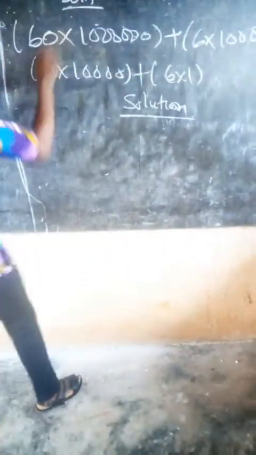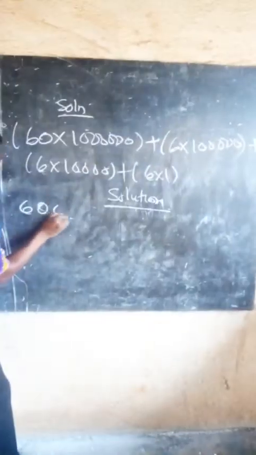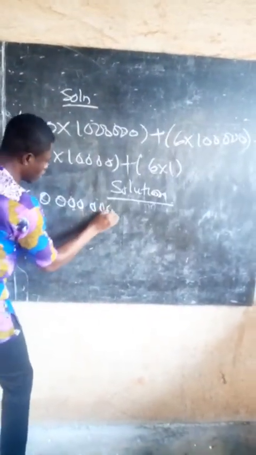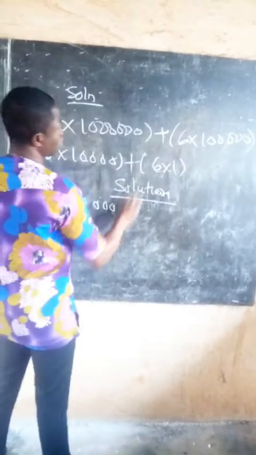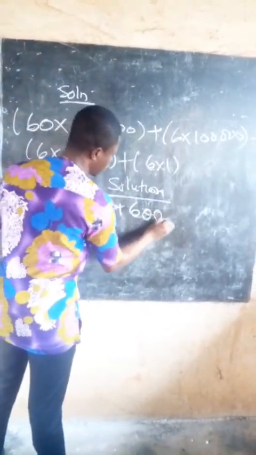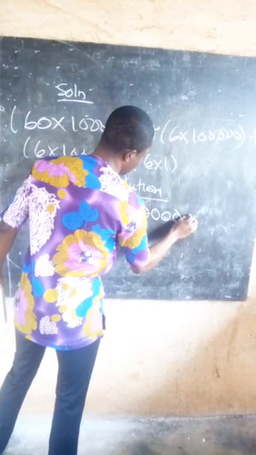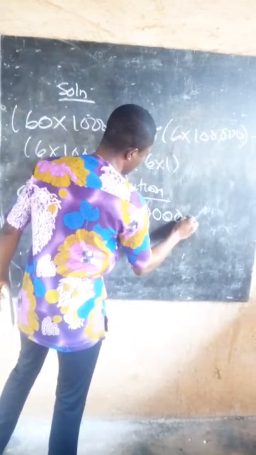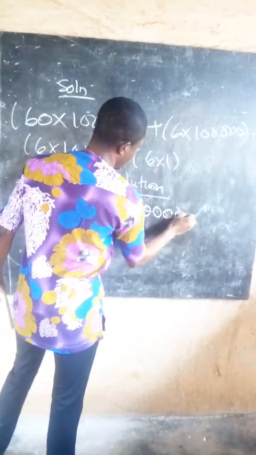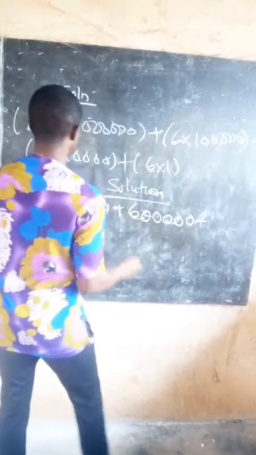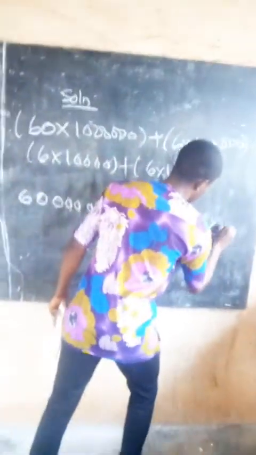Which is this one will give you 60 million plus 600,000 plus 6,000 plus 6.